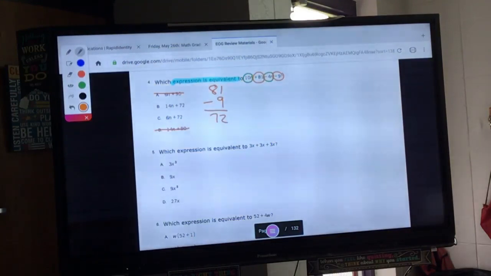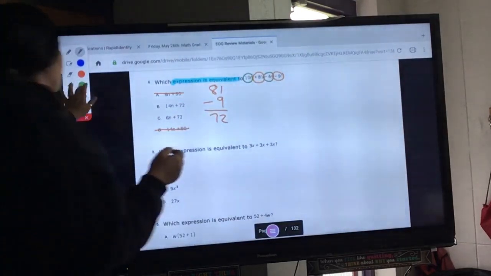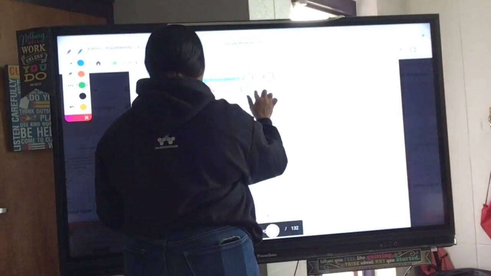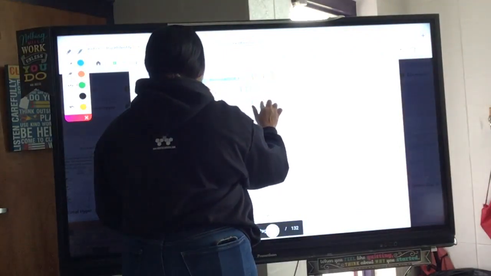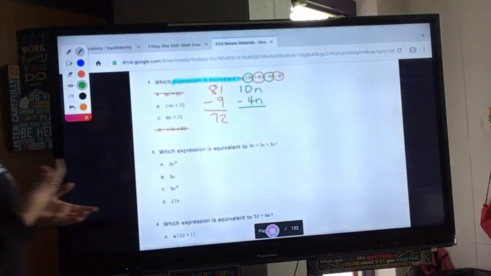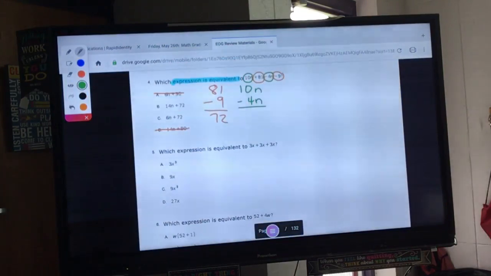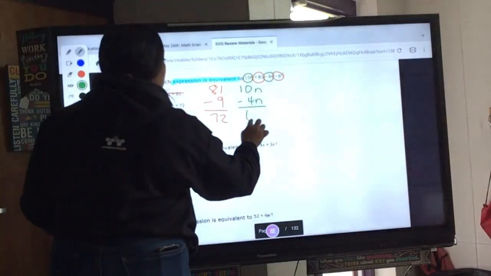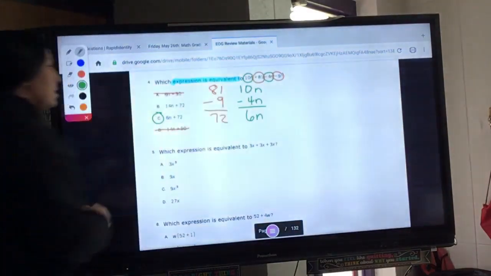Why can I get rid of both of those? Cristiano? Because they don't have 72 in them. All right, and then I have 10n minus 4n. What's 10 minus 4? Isaac? 6. Yep. So then my answer is C.